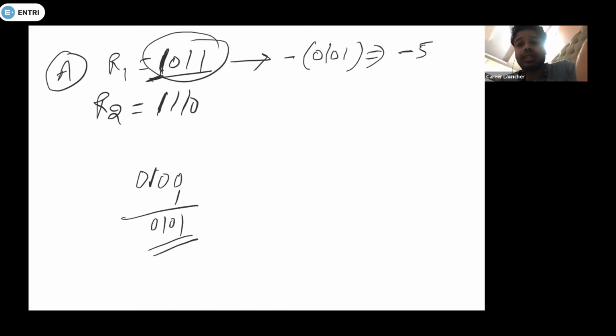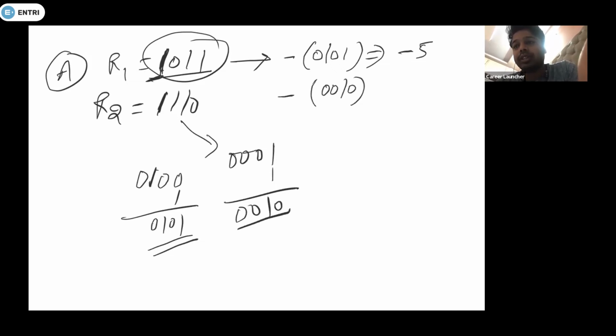And R2 is 0001 flipped, then add 1, giving 0010, so minus 0010, which is minus 2. So minus 5 minus 2 is minus 7.